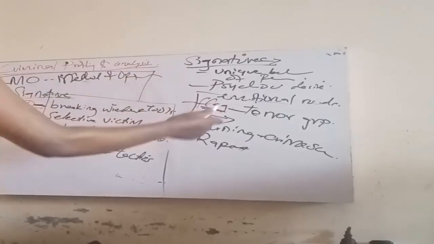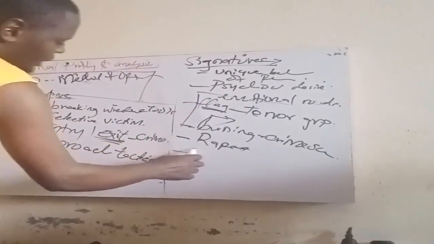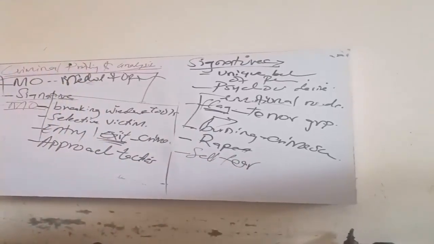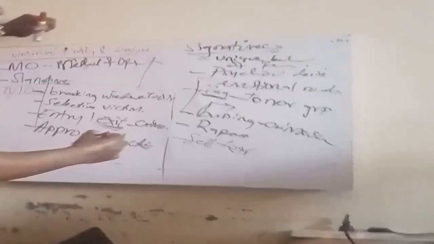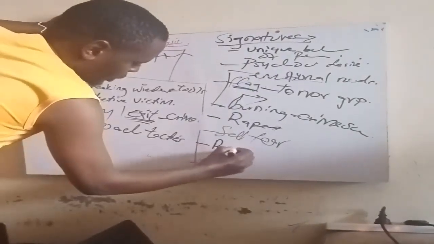So these are some of the signatures. Why do they do this? One is to sell fear. They sell fear there, and they also want to send a message on reputation and control.